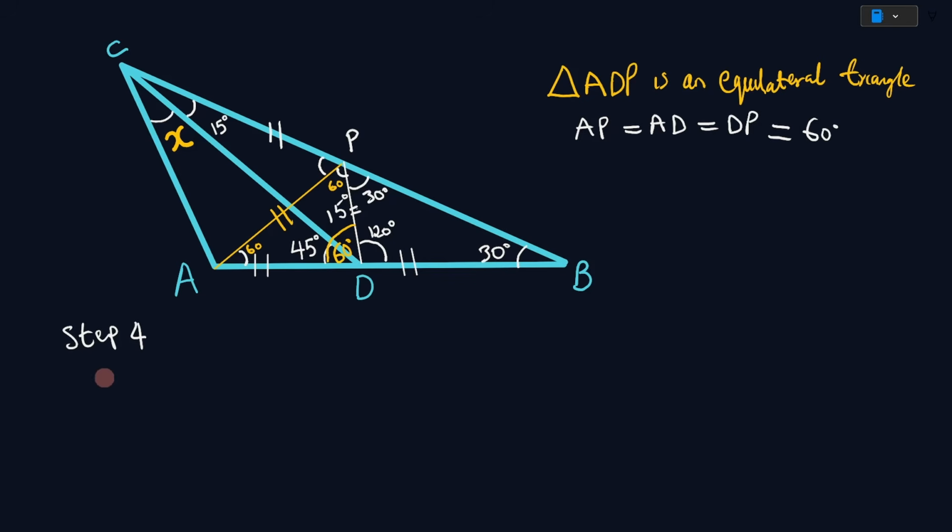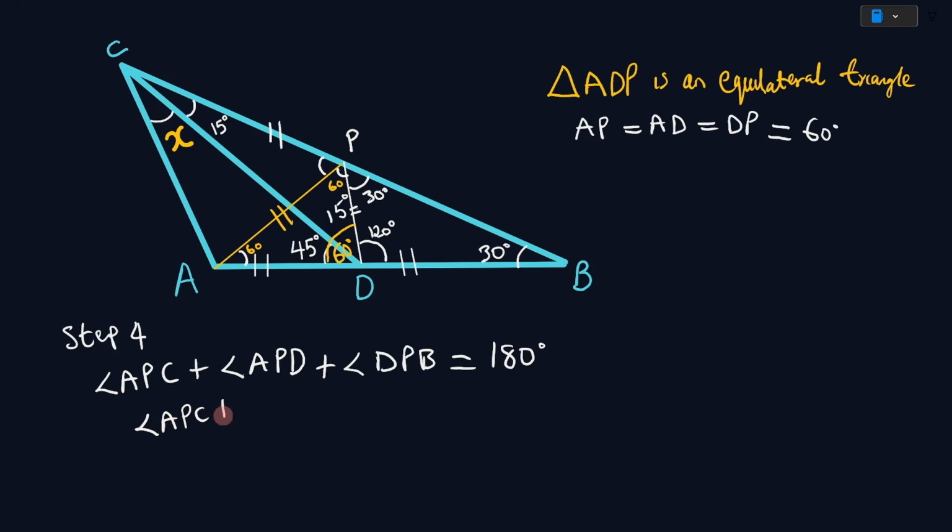We have that angle APC, which is this angle, plus angle APD, which is this angle that is 60 degrees, plus angle DPB, should all add up to 180 degrees. Angle APC is what we are looking for. We'll bring it down, APC plus.